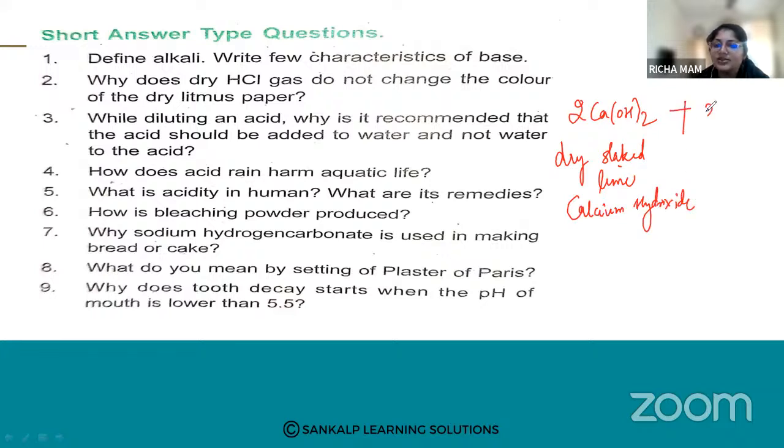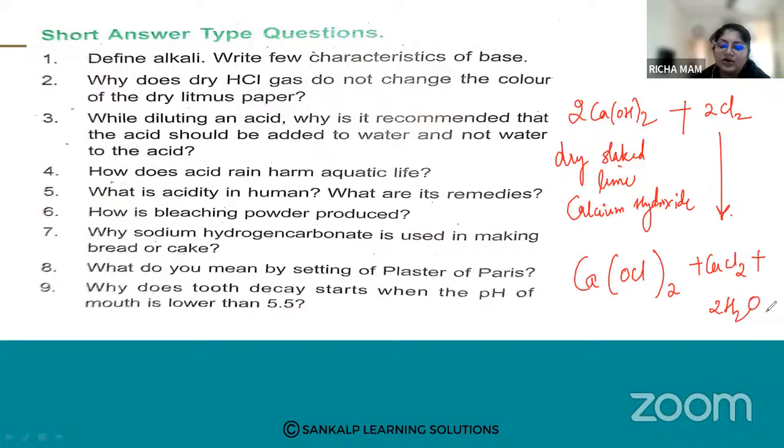When you pass chlorine gas over calcium hydroxide, you are going to get CaOCl2 plus calcium chloride plus water.